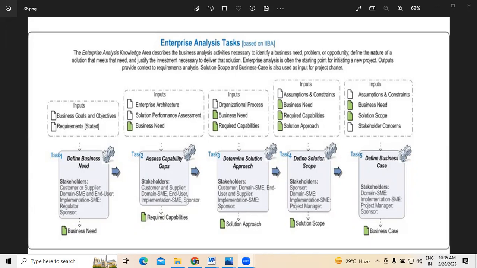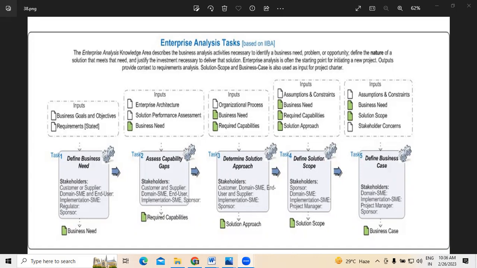Based on the final conclusion, based on the tasks we have studied so far, business need, assessing the capability gaps, determining the solution approach, solution scope, all that. Based on that, defining the business case is what the BA team has to perform. To do that, they have to consider these points as well. The first thing is that they have to identify and define the current business situation. Second point, based on the research we have made so far.